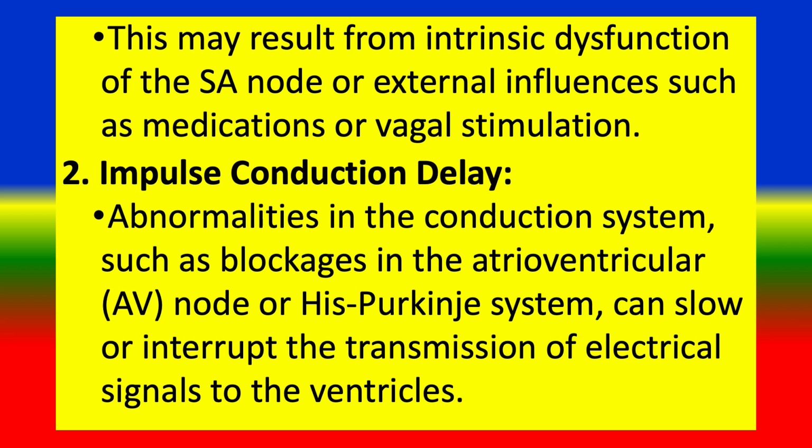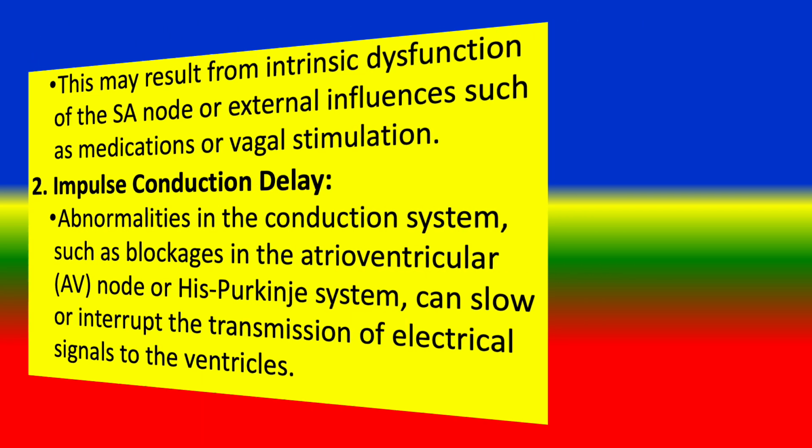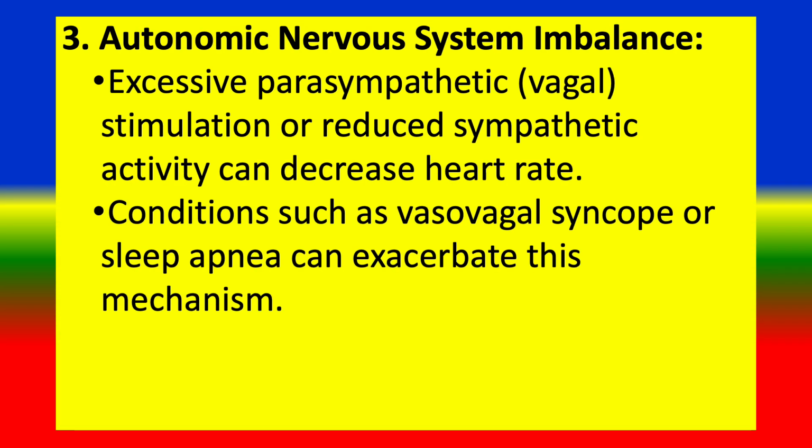2. Impulse conduction delay. Abnormalities in the conduction system, such as blockages in the atrioventricular node or His-Purkinje system, can slow or interrupt the transmission of electrical signals to the ventricles. 3.